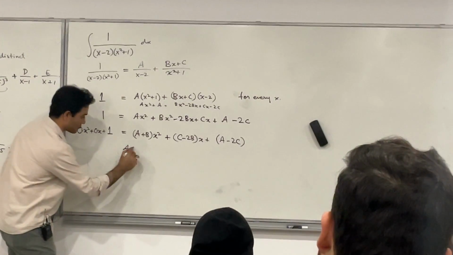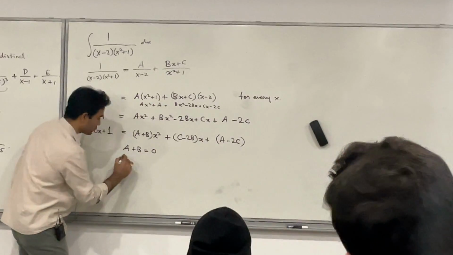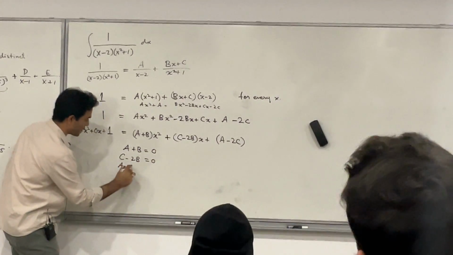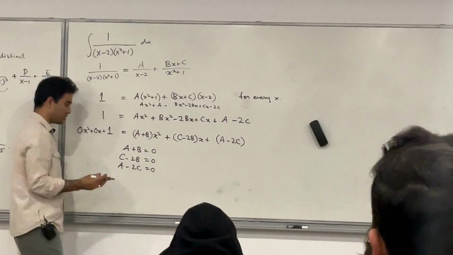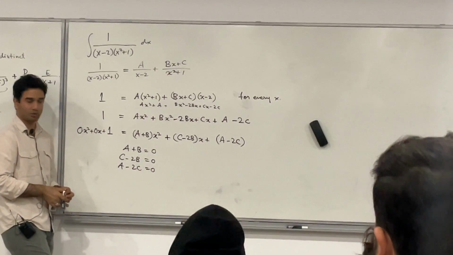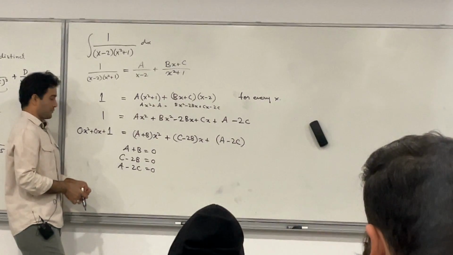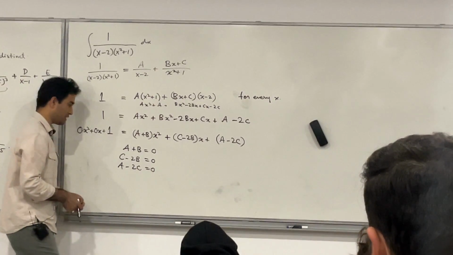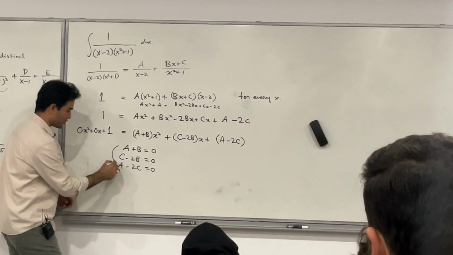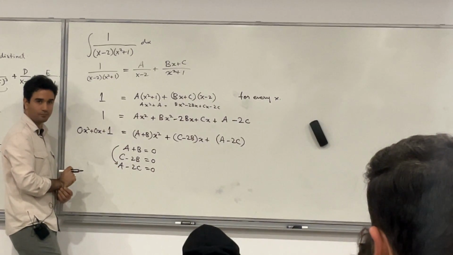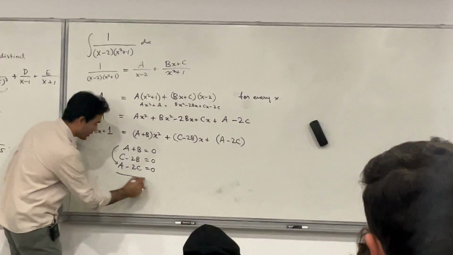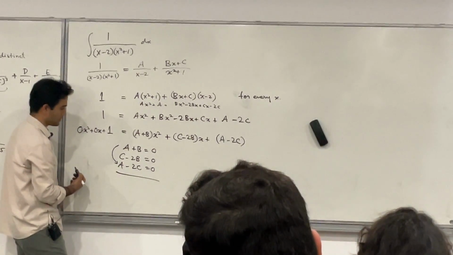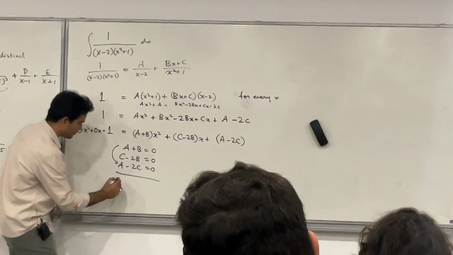So we get the system that a plus b is 0, c minus 2b is 0, and a minus 2c is 1. And then you can play games with the system. For example, maybe we just subtract these two, and we get b plus 2c.